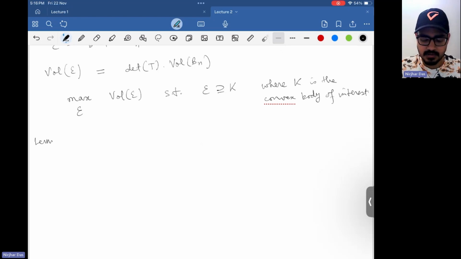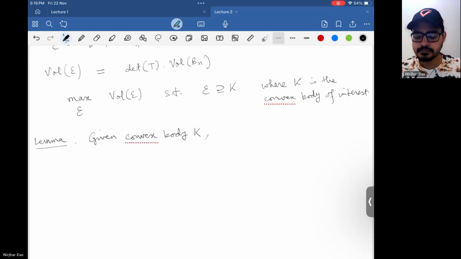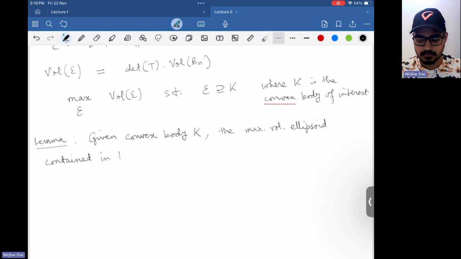So we have our first lemma, which is that given a convex body K, the maximum volume ellipsoid contained in K exists and is unique.